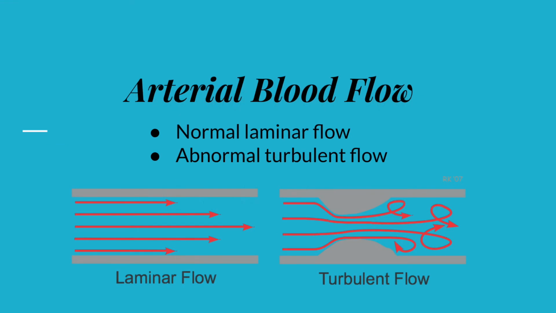Now, let's take a look at the arterial component of vessel disease. Before that, it is beneficial to understand a little bit about the physiology of blood flow in the cardiovascular system. Generally, blood flow is laminar in the body under normal circumstances.